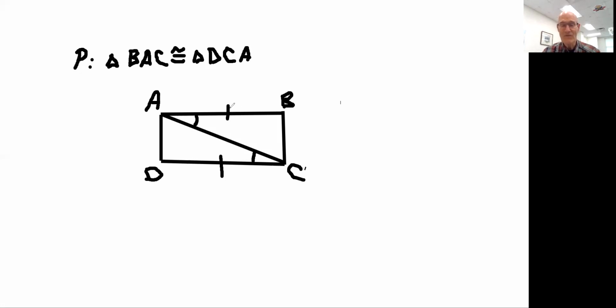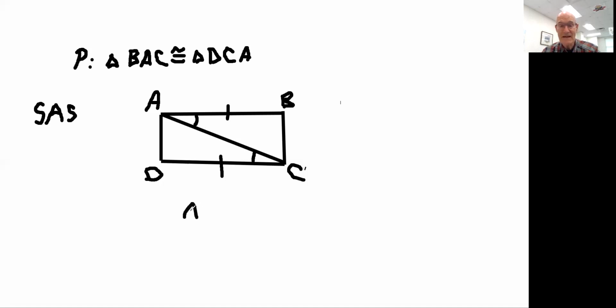When I do a side-angle-side congruency, the angle has to be between the two sides. If you'll notice, I've got my side here and my angle here, so the other side needs to be that AC right up the middle. I have that third side.